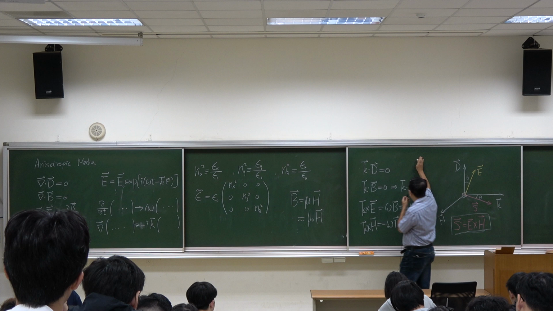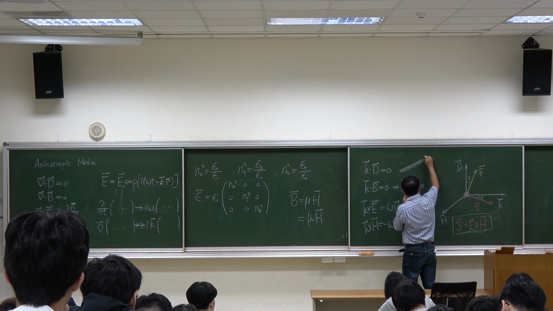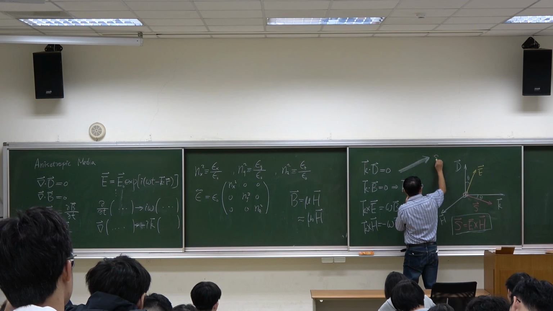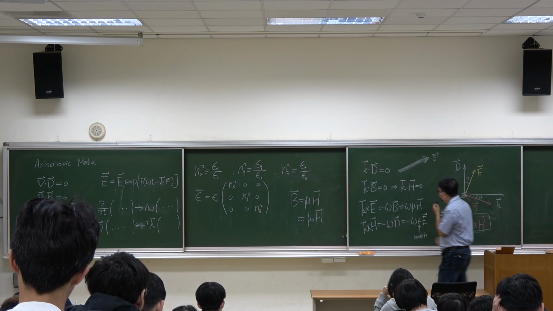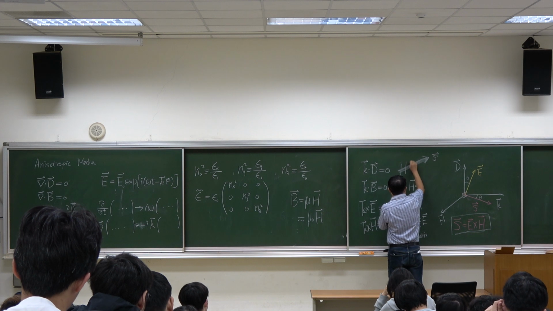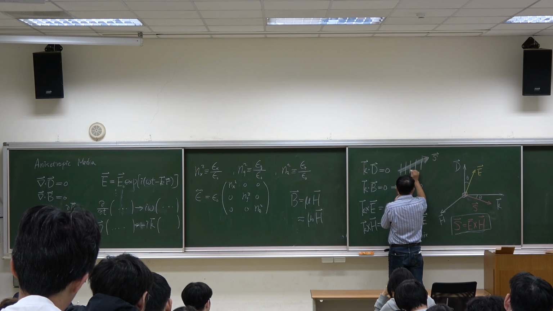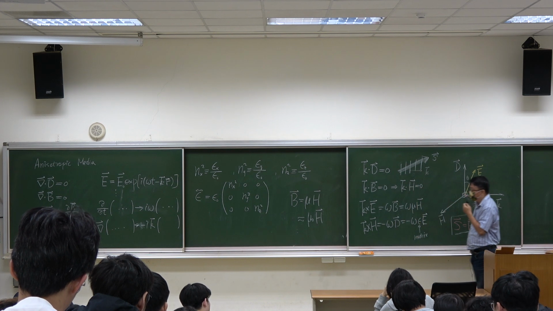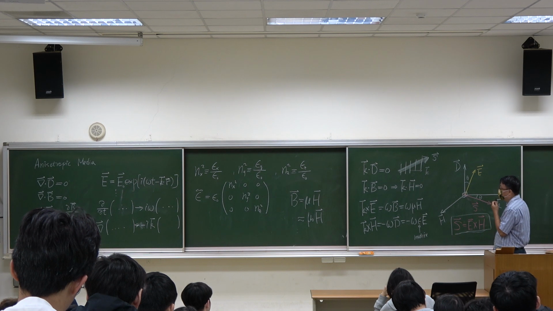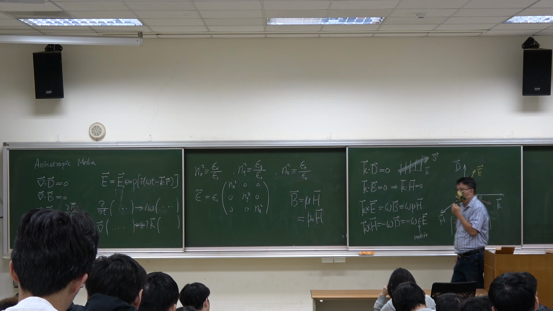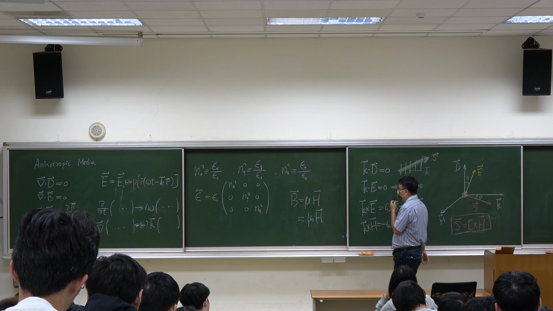Say, suppose this is the direction of the Poynting vector, and constant phase. This is the direction of K. Generally, they have different directions.